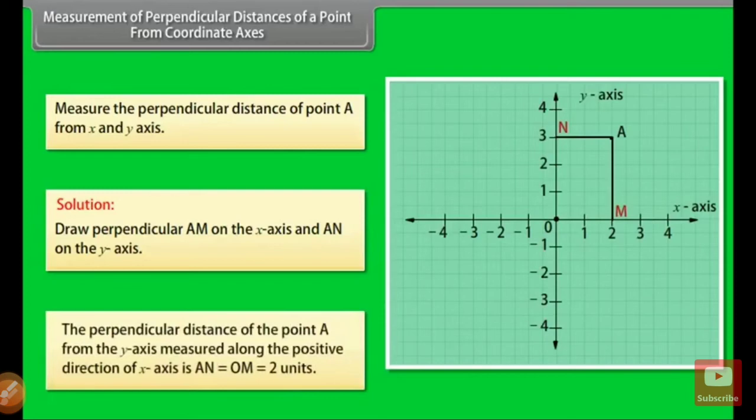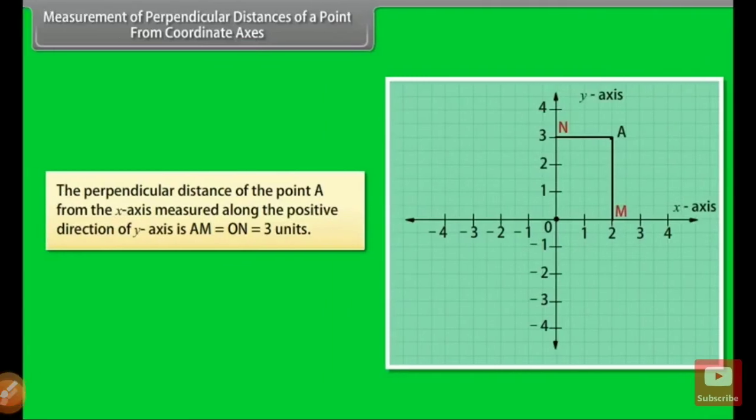Like this, AM and ON will also be equal, and that will be equal to 3 units. And I want to tell you one thing, the distance between two points is equal to 1 unit. You can see on the screen AM and ON equal to 3 units.